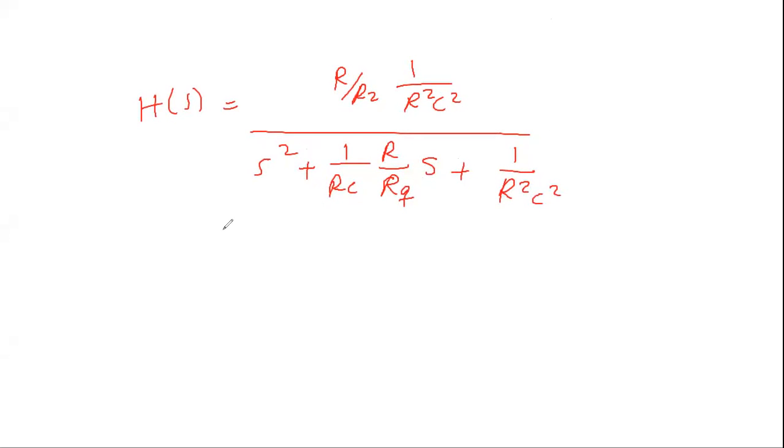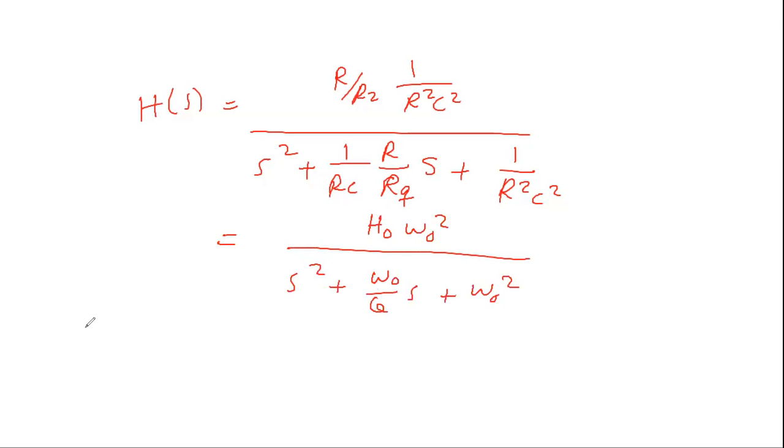From this, if you compare it to the standard form, which is H0 omega naught square divided by S square plus omega naught over Q S plus omega naught square.